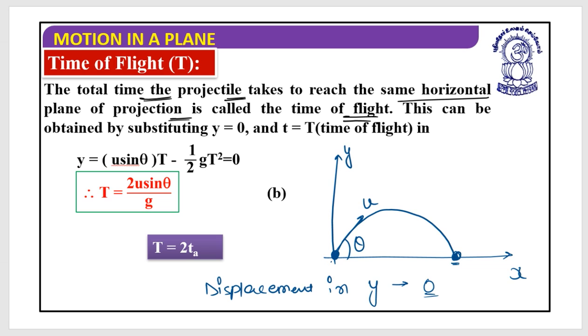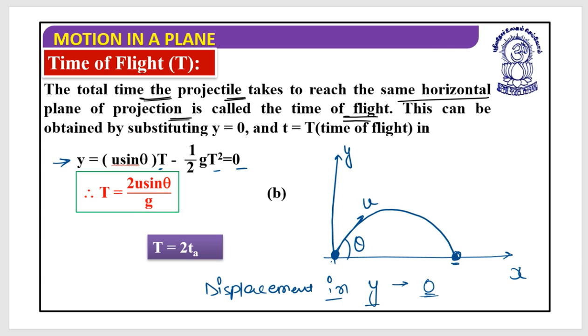So what I can write is that the displacement in y direction is 0, and so y equals u sine theta into t minus half g t square, and this should be 0.